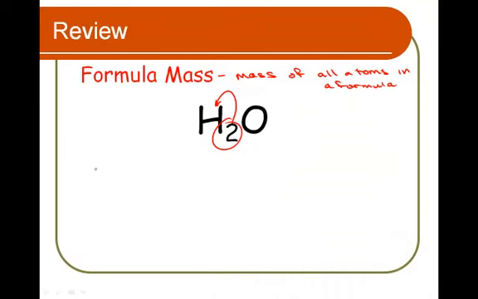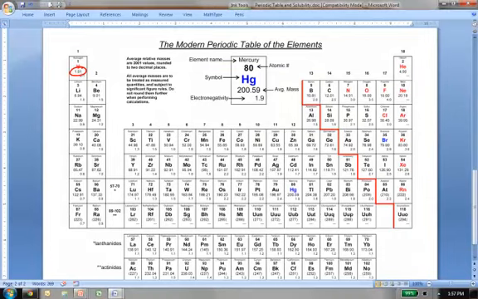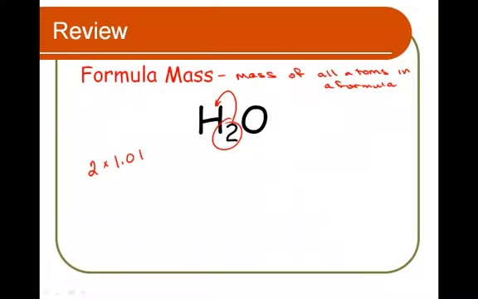So, considering that we have 2 atoms of hydrogen, we have 2 atoms at 1.01 AMU. Oxygen has a mass of 16 AMU. So we take 2 times 1.01 plus 16.00, and we get a mass of 18.02 AMU.